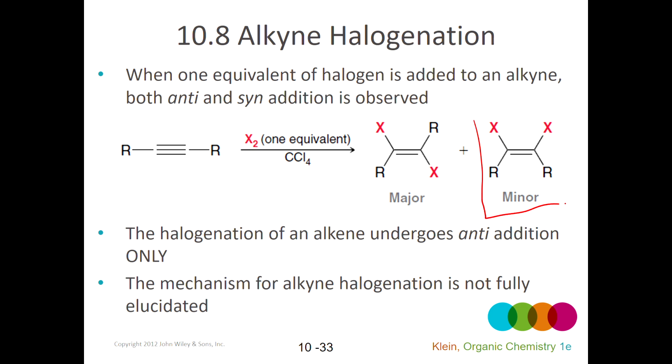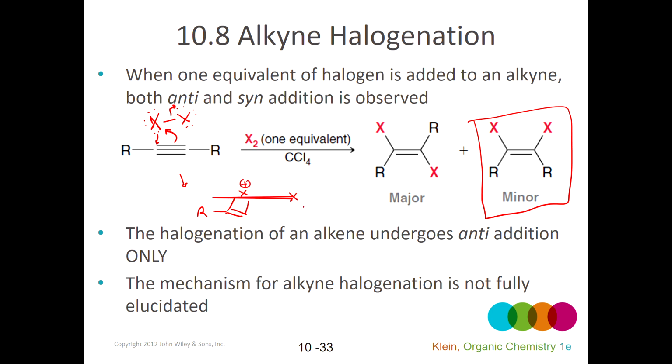This compound right here forms. Right, we said if the mechanism were the same as what we talked about for an alkene, if it's the same with an alkyne, then the pi electrons attack here, this electron swings back down, and this one leaves. And that would give me a 3-membered ring.